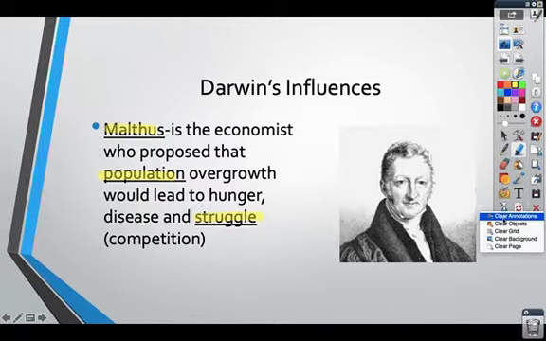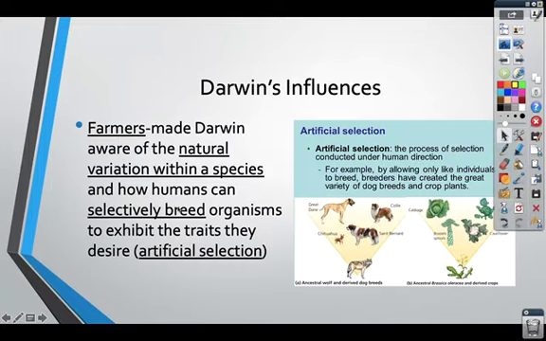Now, the next person, or group of people, weren't scientists at all. They're the farmers. Farmers made Darwin aware of how humans could take advantage of natural variation occurring within species, or the differences among organisms, and pick out those traits that they want organisms to exhibit.